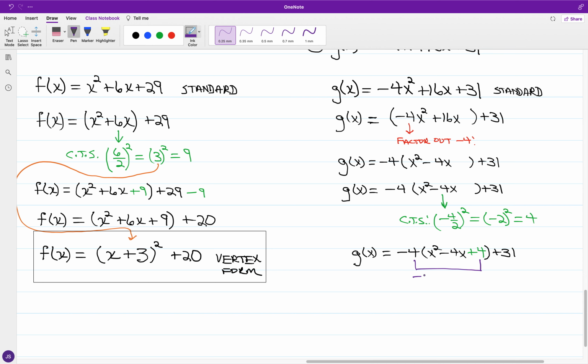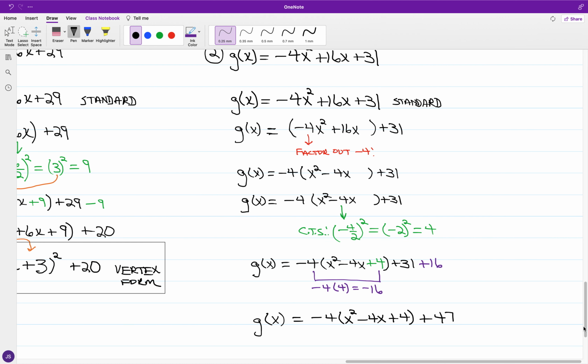Instead, we have negative 4 times 4, so I'm actually placing negative 16 at the front. So I'm going to balance this by adding 16 at the end. So now I have g of x is equal to negative 4 times the quantity x squared minus 4x plus 4, and 31 plus 16 is going to make 47.